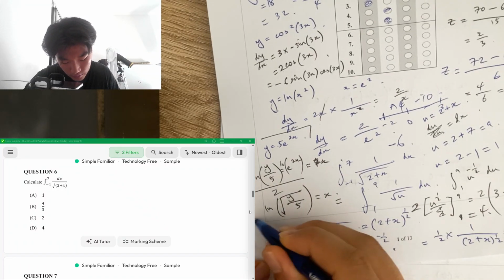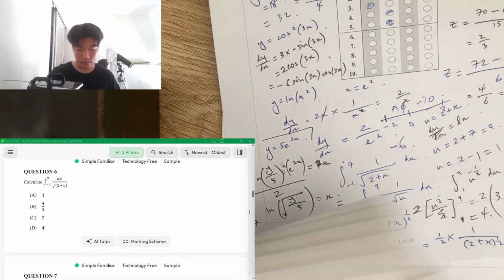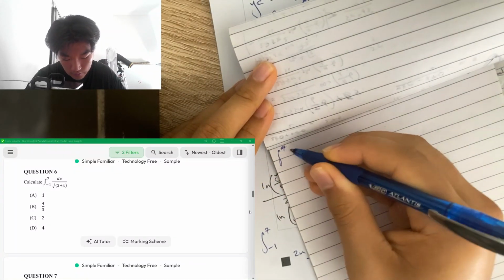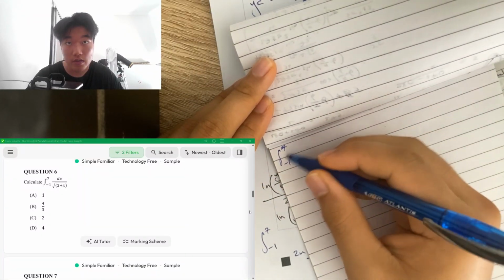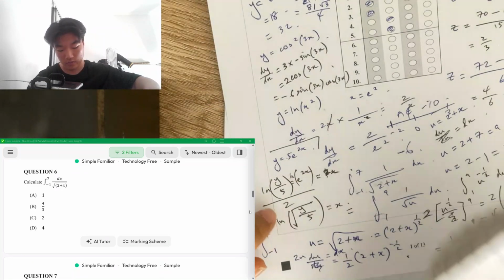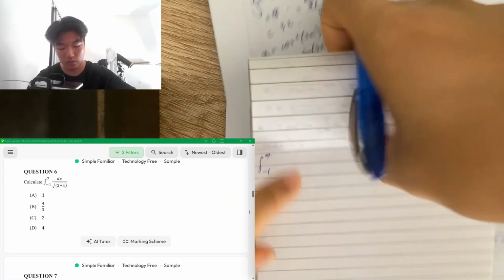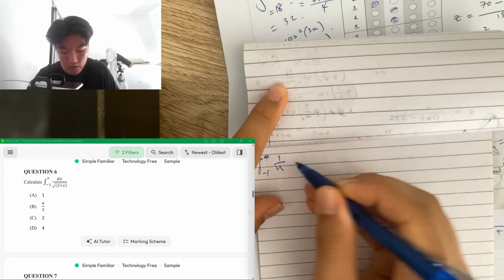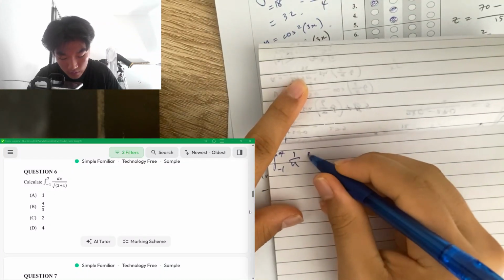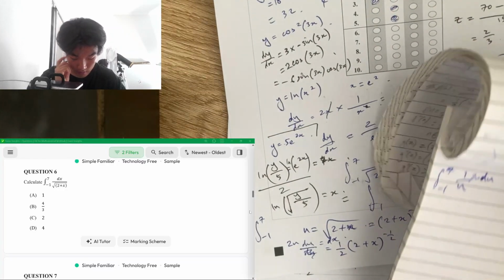Okay, you know what? I might use the other one. When we're integrating, these bounds are in terms of x, but we're still writing them because we're going to sub the u value back in. So it was 1 over u, and then dx equals 2u du.